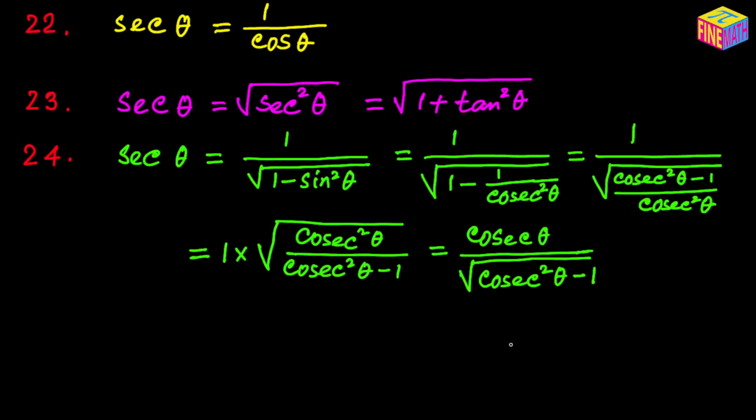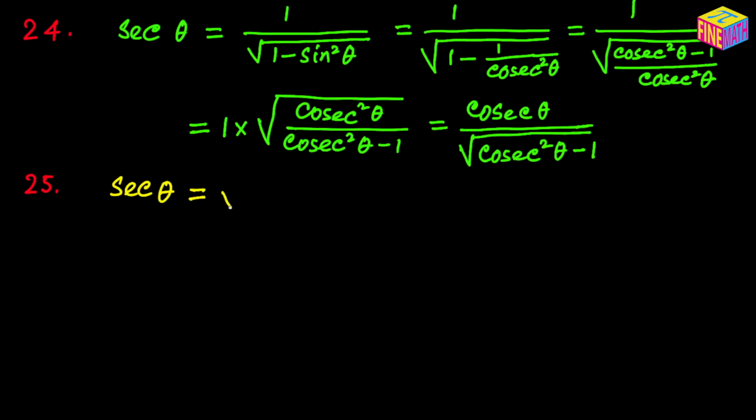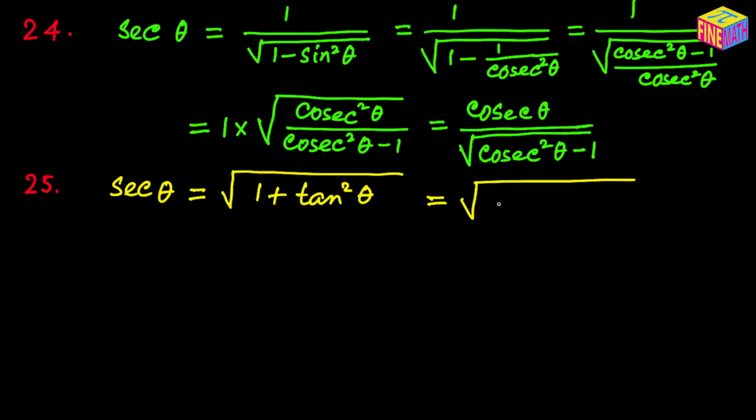Next, let's try to convert secant of theta into cotangent of theta. So we know that secant of theta is square root of 1 plus tangent square of theta. And then from here, this must be square root of 1 plus, wherever we have tangent square of theta, I am going to write 1 over cotangent square of theta, because tangent and cotangent are reciprocal of each other.